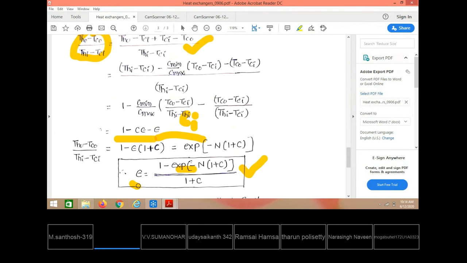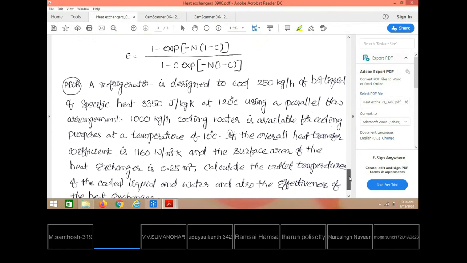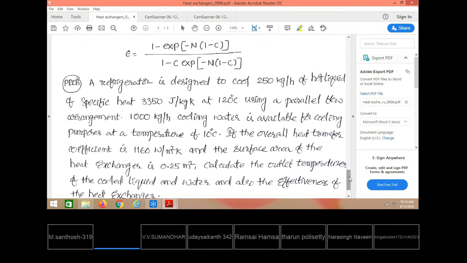By knowing these, I can calculate the effectiveness of a parallel flow heat exchanger. Knowing effectiveness and Q maximum, I can estimate Q actual, and knowing Q actual, I can calculate T_co and T_ho also.